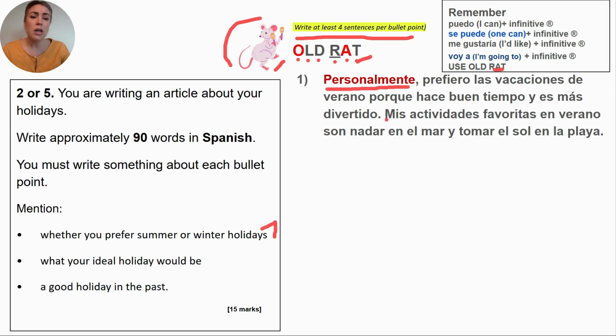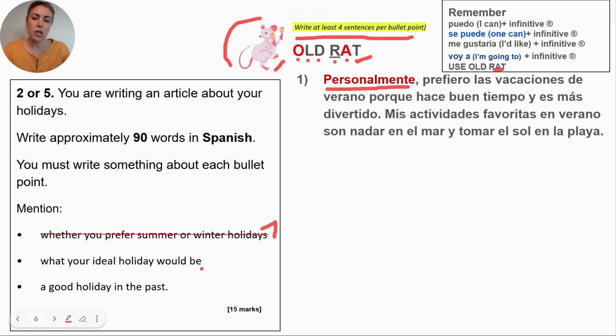Mis actividades favoritas en verano son nadar en el mar y tomar el sol en la playa. I'm giving more information about why I prefer summer holidays, so it's quite developed. I have two long sentences, and the porque sentence can count as three. Now I'm going to cross this out, and if I need to add something else, I'll add it later.